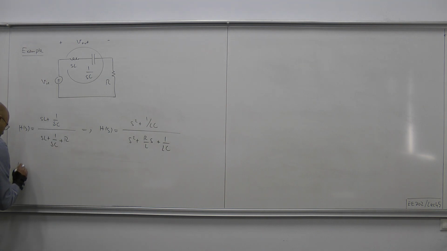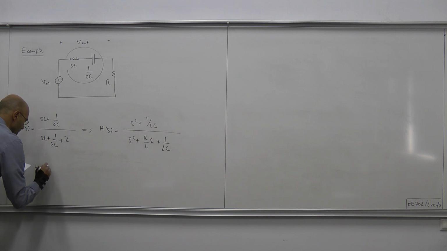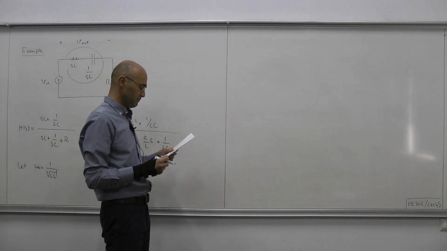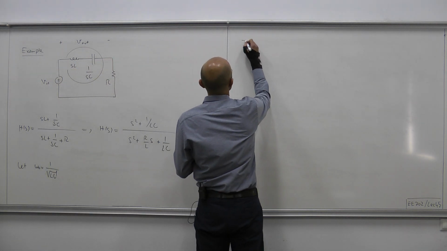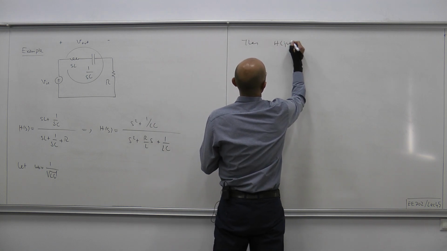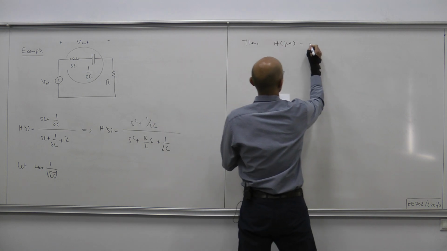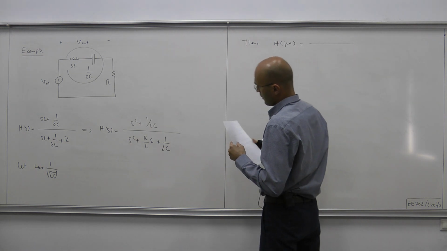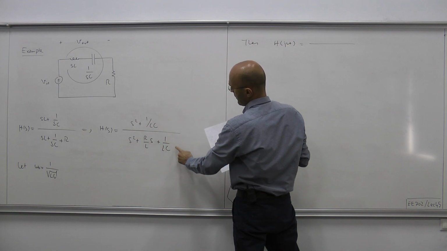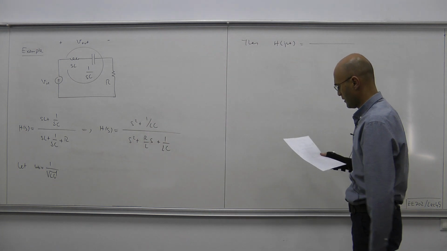For that, let us introduce the notation omega 0 as 1 over square root of LC. Then we have the following: H of j omega. Now omega 0 is 1 over square root of LC, so this is omega 0 squared, and this is also omega 0 squared.